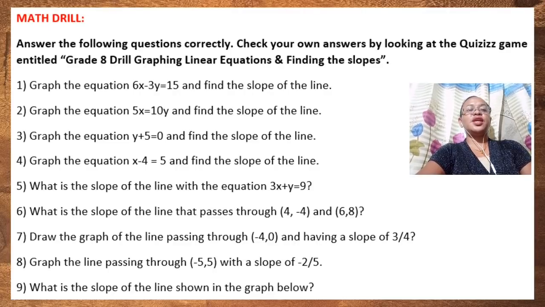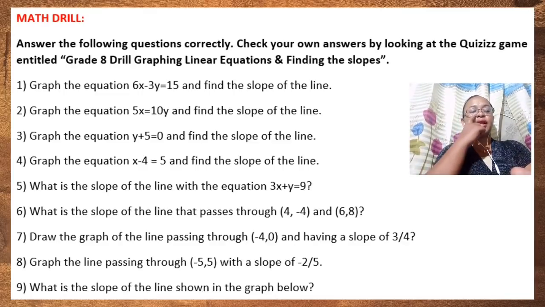Number 2, graph the equation 5x plus 10y and find the slope of the line. Number 3, graph the equation y plus 5 equals 0 and find the slope of the line. Number 4, graph the equation x minus 4 equals 5 and find the slope of the line. Number 5, what is the slope of the line with the equation 3x plus y equals 9?